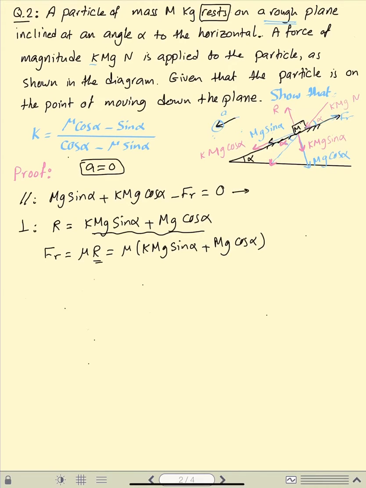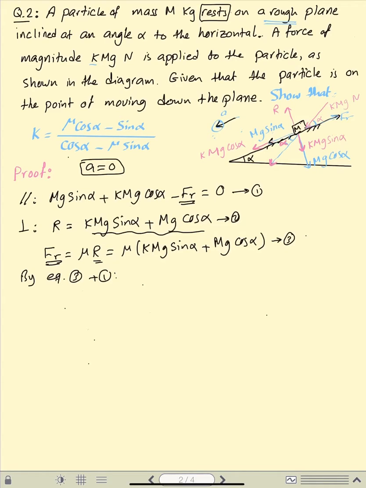So this is equation 1, this is equation 2, this is equation 3. Now by equation 3 and 1, what are we doing? We are substituting FR in the first equation. Then that's it.